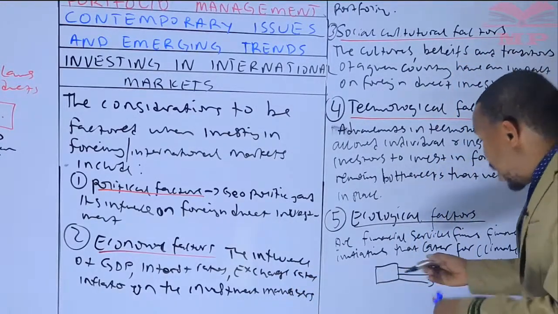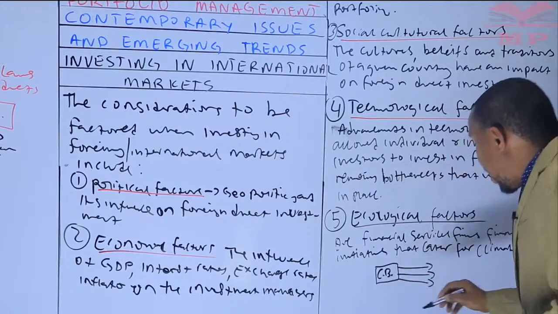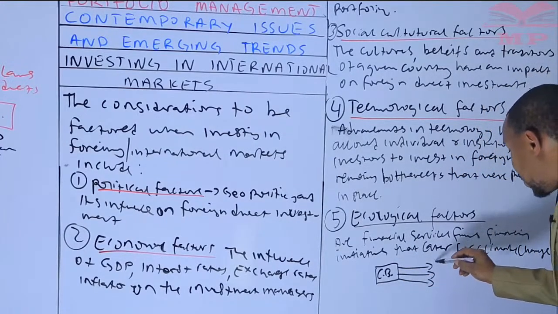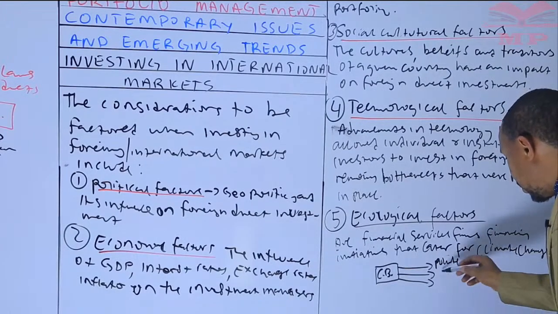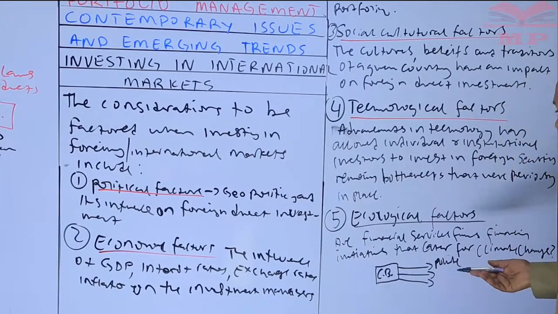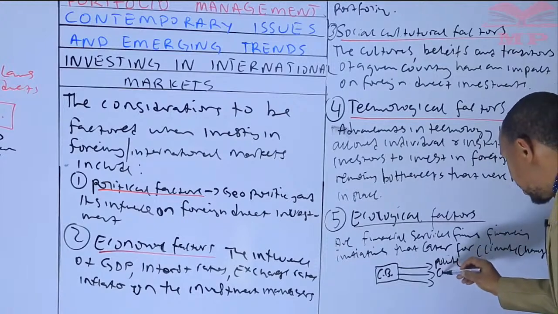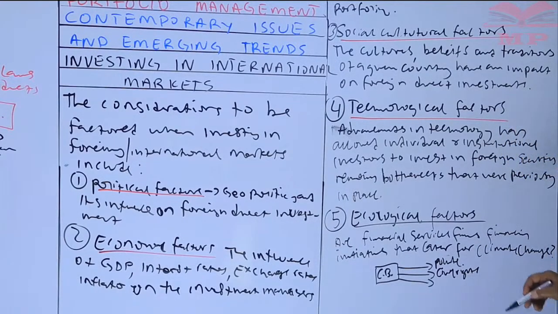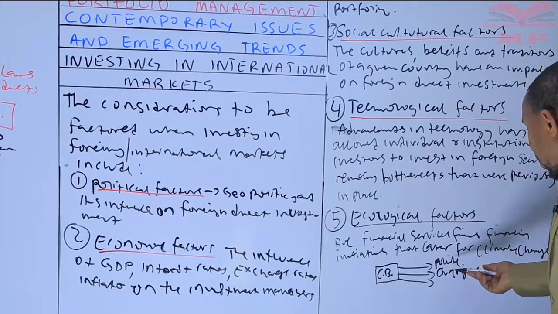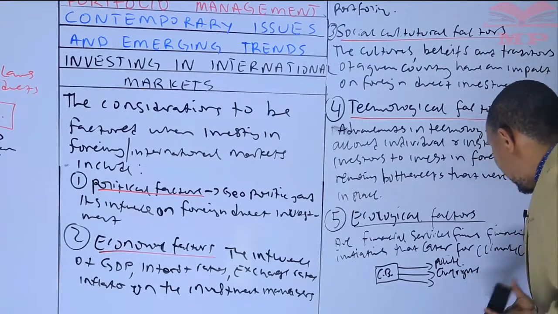So if commercial banks over here, CBs, are financing, say, activities that pollute the air, or maybe civil rights, ecological is geared towards the environment, sorry.